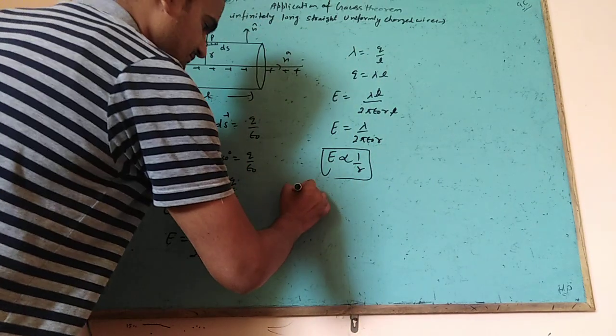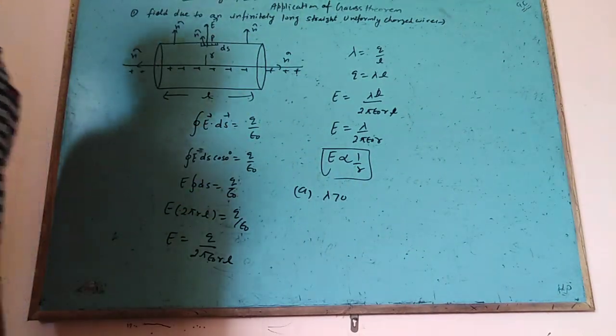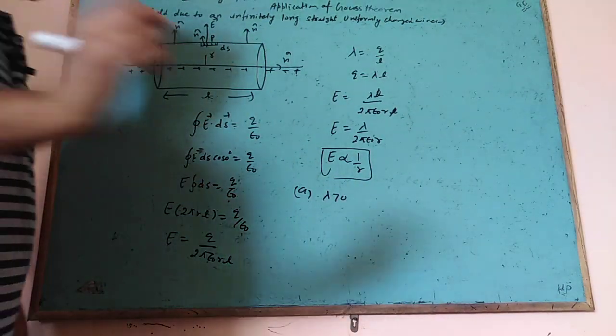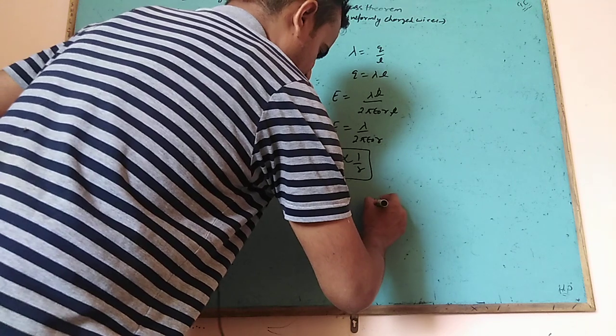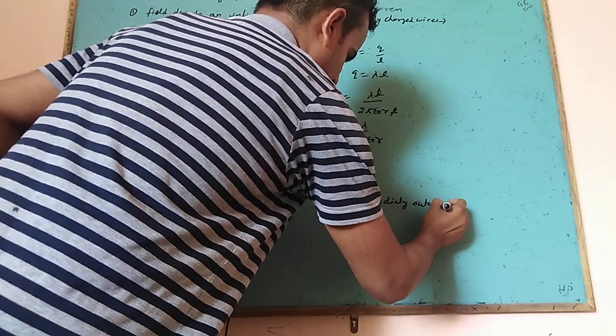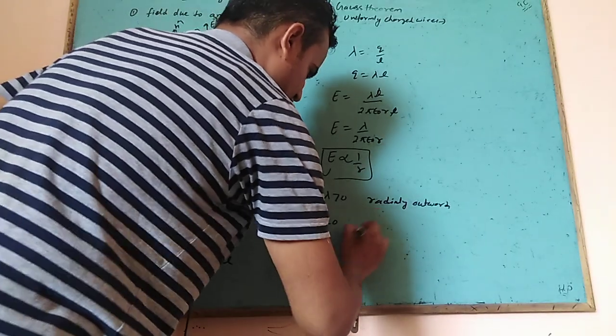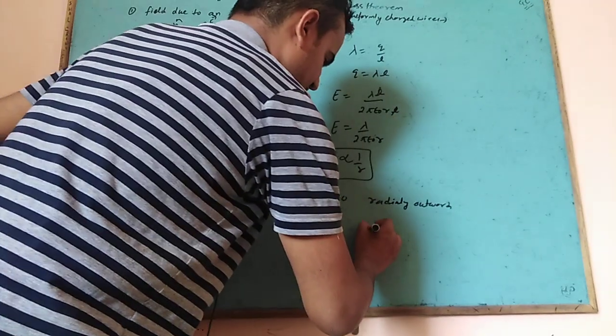Case first: lambda is greater than 0, the electric field is radially outward. Next, case B: lambda is less than 0, the electric field is radially inward.